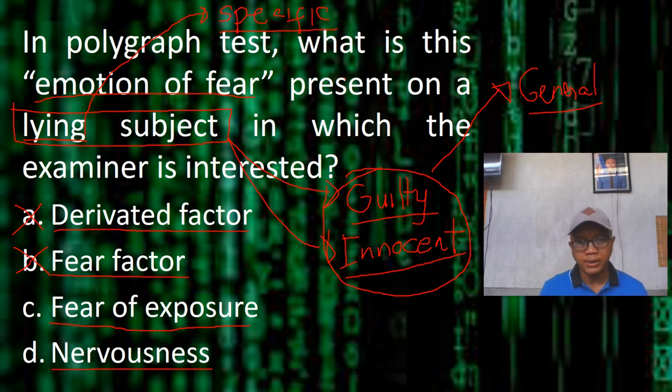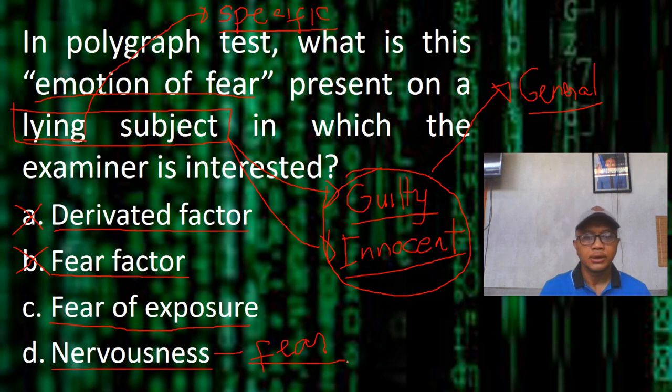So, going back to the candidate answers, C and D, which of the two is said to be a specific fear? When we say nervousness, that is fear in general. Even if a person has not yet been subjected to polygraph examination, somehow the person may feel certain fear.